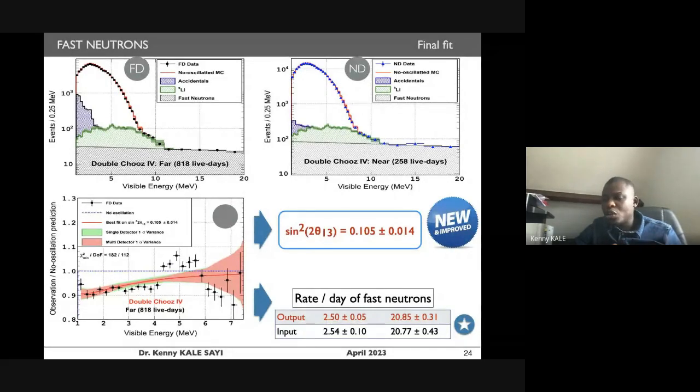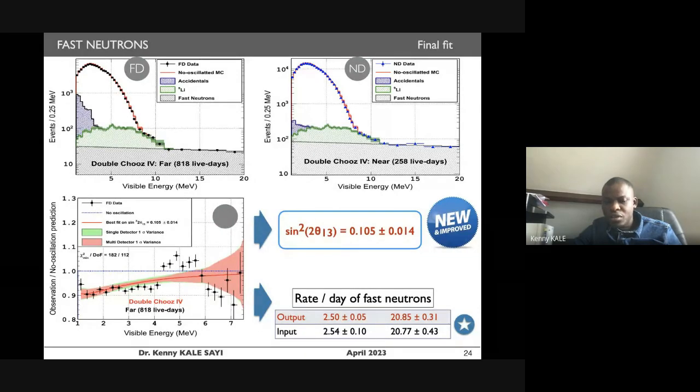Because there is no oscillation. Then you see the blue dotted line, the line we should see if there was no oscillation at all. But you see in red the real line we have from experiments, and you see that we are below 1.